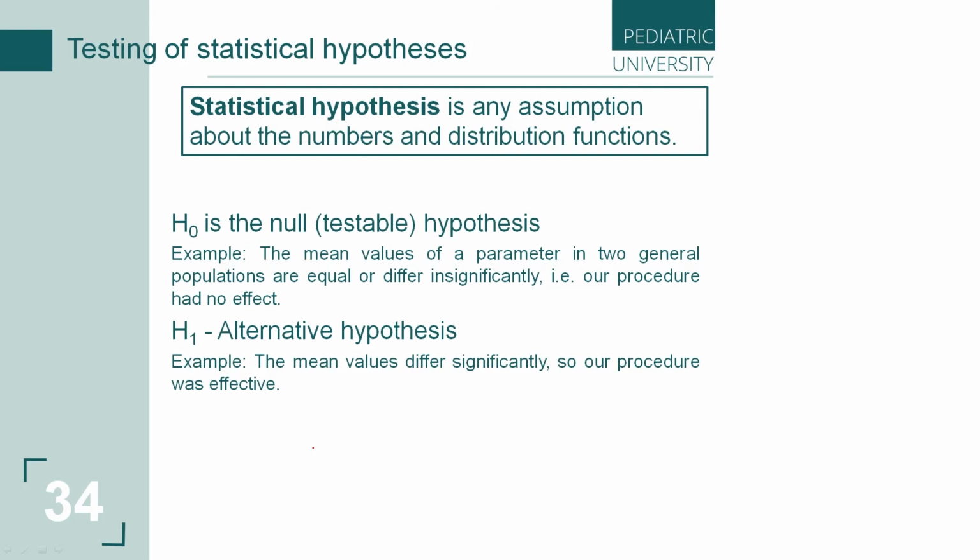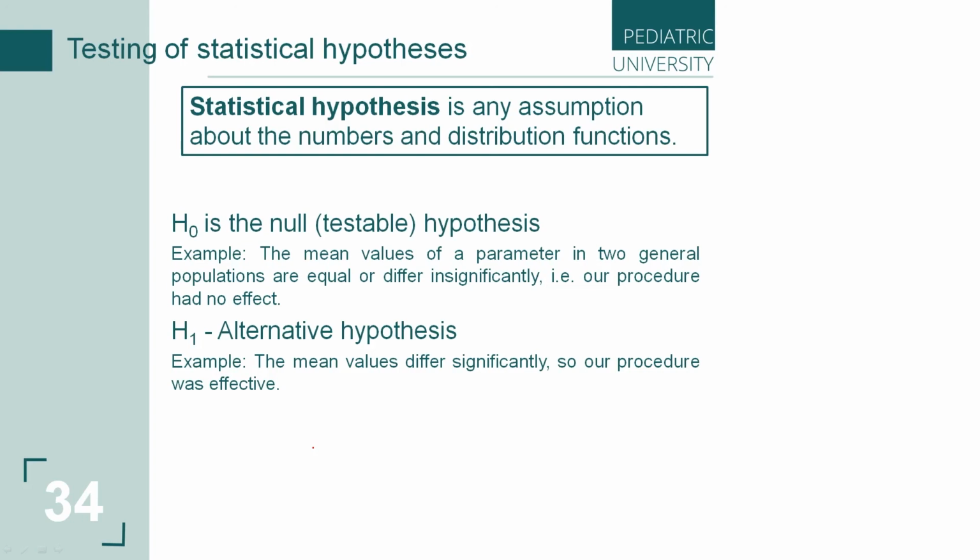So our procedure had no effect on the indicators. As the mean value of hemoglobin after treatment became approximately the same, our treatment was ineffective. And we had a hypothesis that our new experimental treatment was effective in treating anemia, a low number of hemoglobin.